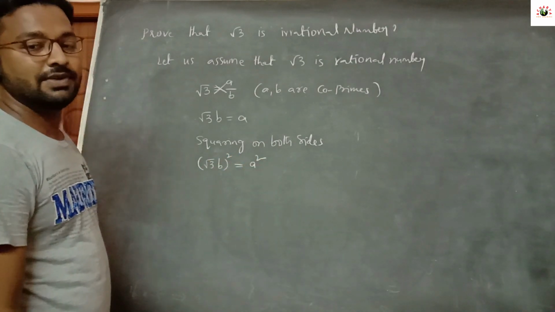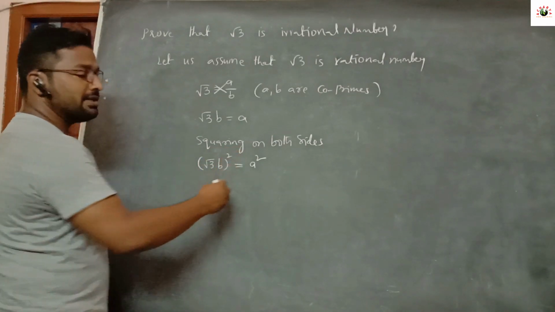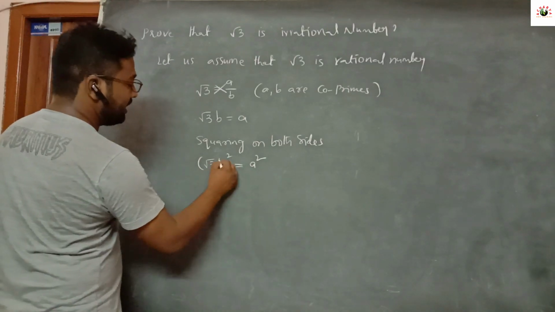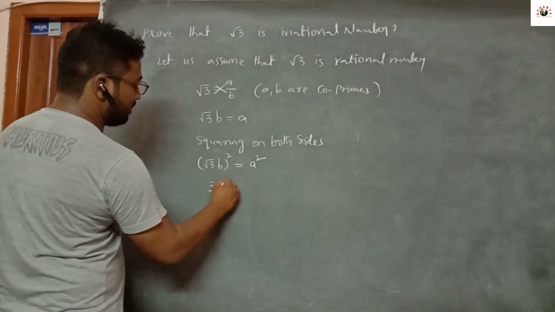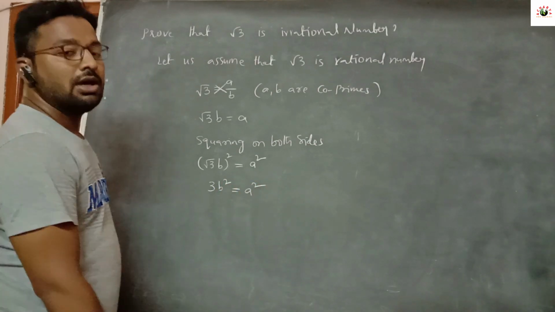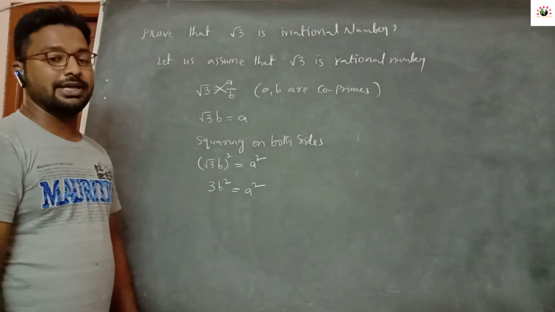Root 3 square means root 3 into root 3, which is 3. So finally we got 3 B square is equal to A square.